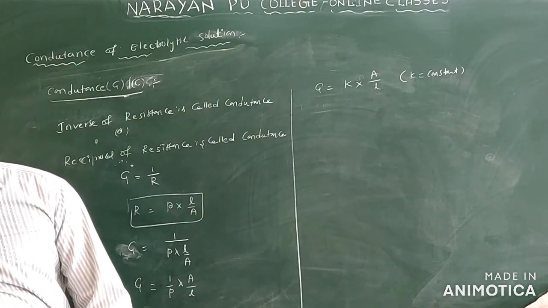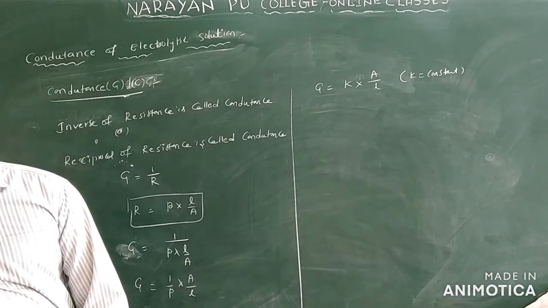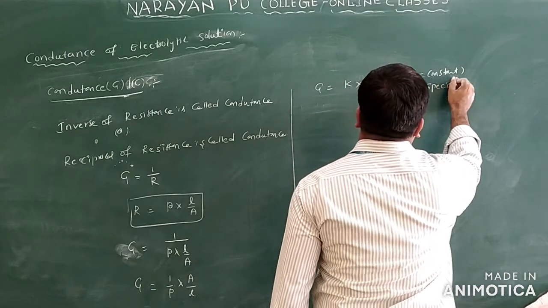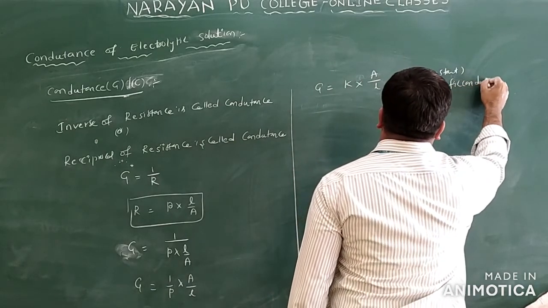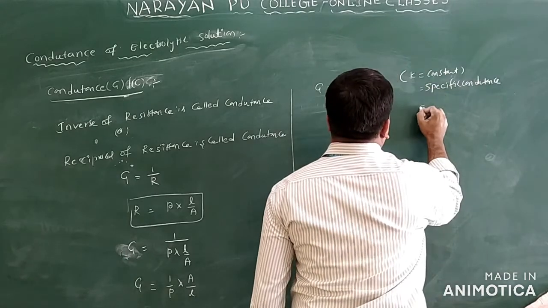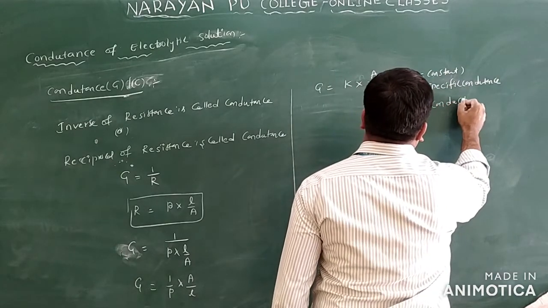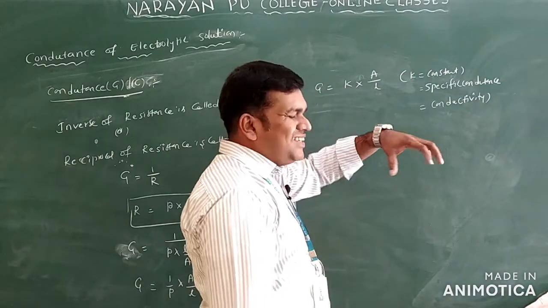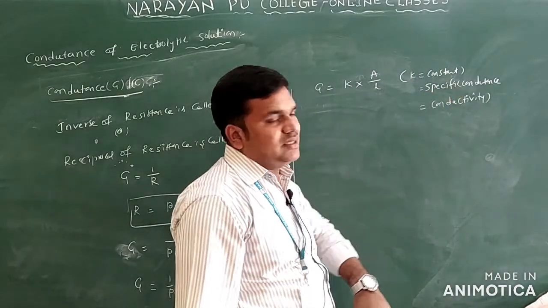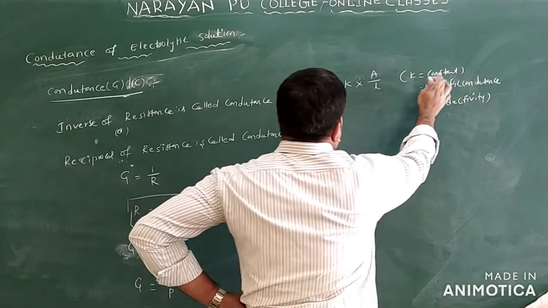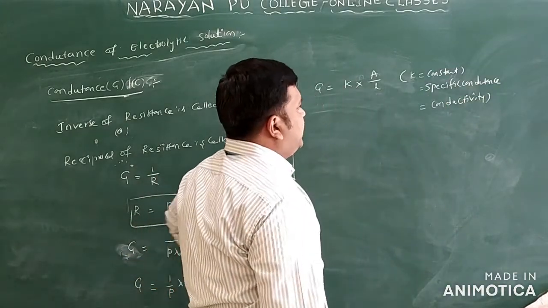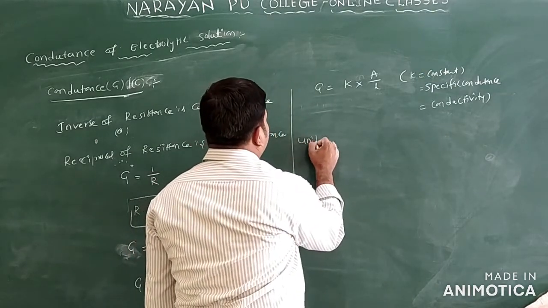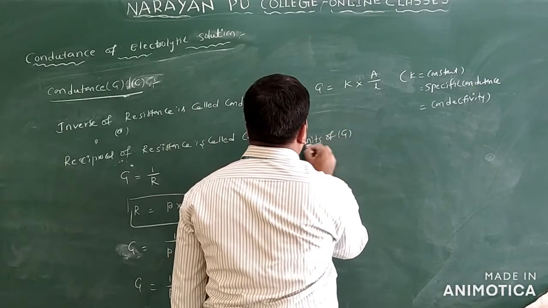We are calling it specific conductance, but normally we use the word conductivity only. Generally we will discuss this K again later. Clear? Now what is K? K is a constant, called specific conductivity, or conductivity K only.